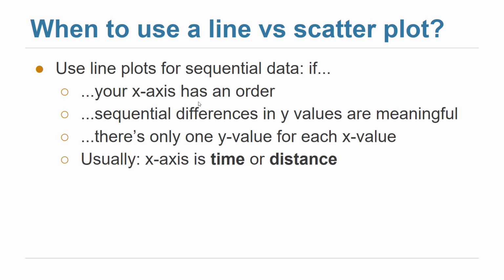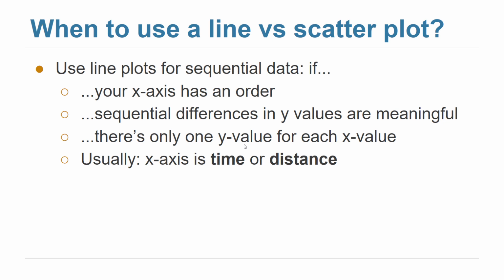Let me just say this, and we'll take your comment. This is also one of the very important points, the difference between the line plot and the scatter plot. In the line plot, each x value will have just one y value. You will not find it repeated.